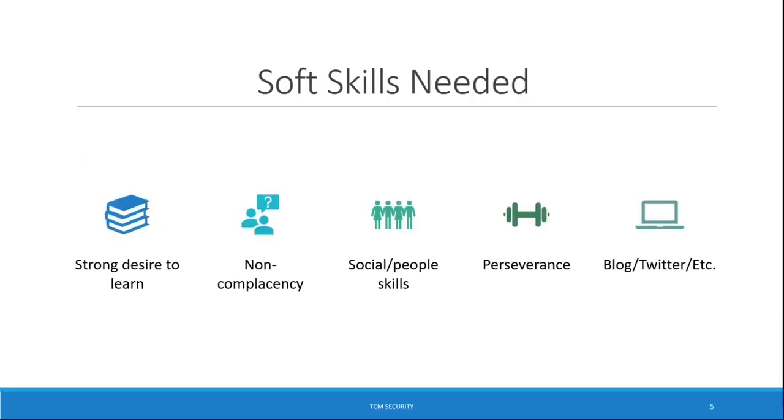Lastly, something that is not covered much is the soft skills that you need to be a pen tester. So yeah, it's great to be technical, and we already talked about the social people skills, right? Because you're going to be doing that debriefing, you might be doing social engineering, etc. And you're going to have that well-written ability as well. But let's talk about some of these other ones. You need a strong desire to learn.